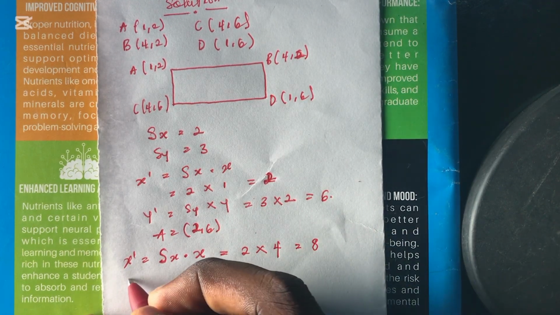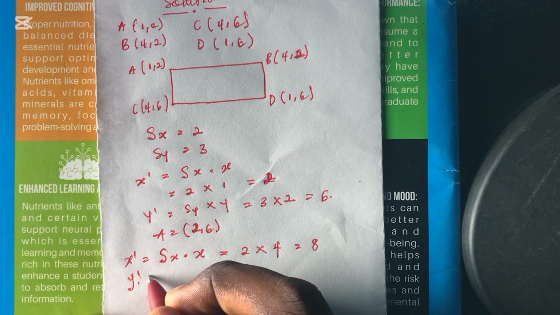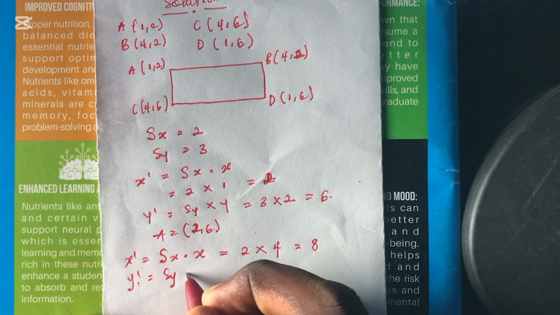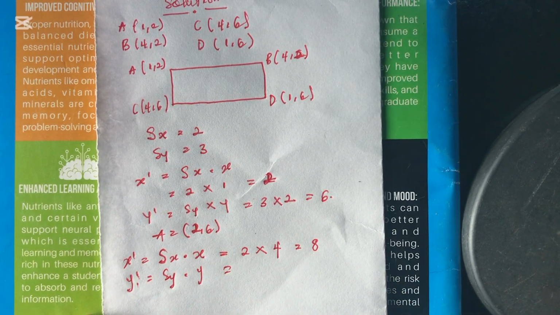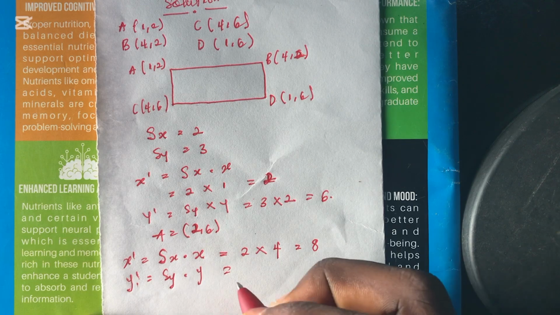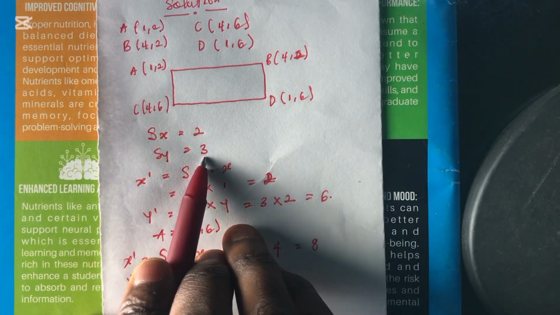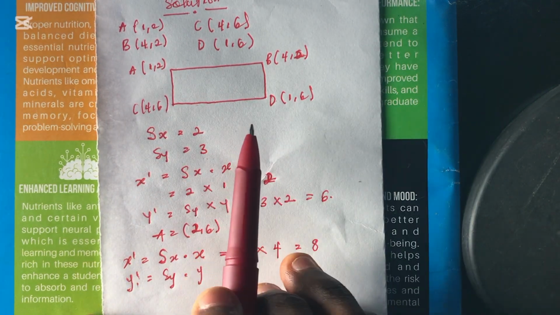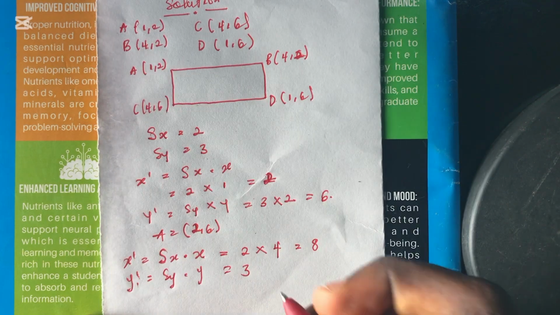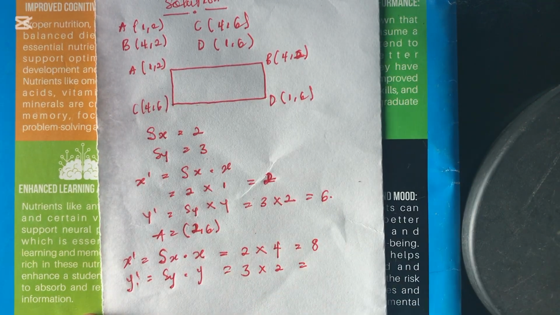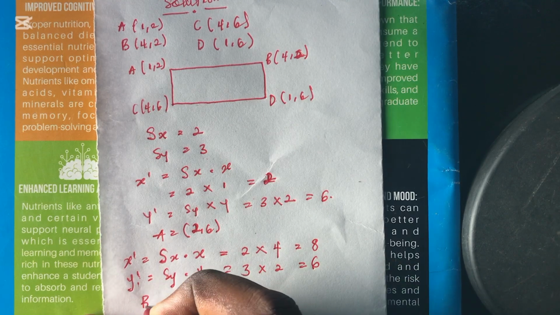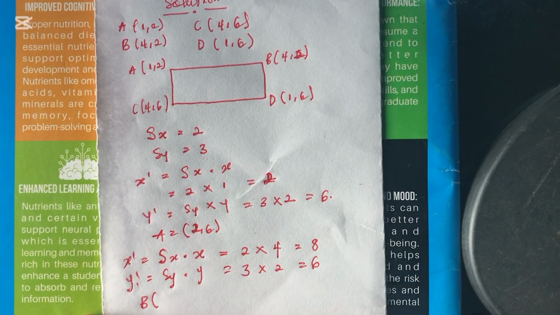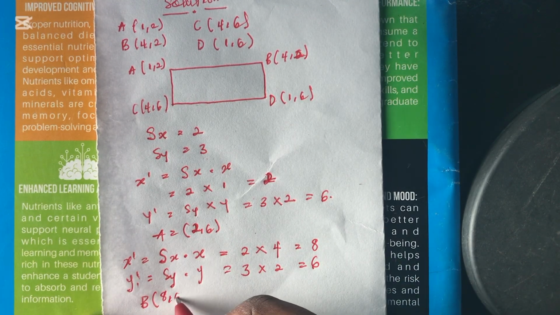Then for y prime, the scale factor of y is 3, multiplied by y, which is 2, giving 6. So for B it's (8, 6).